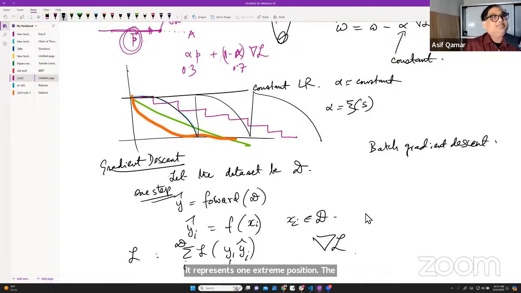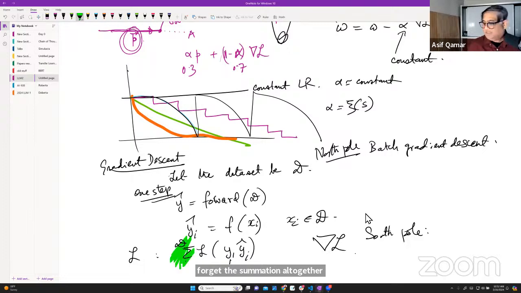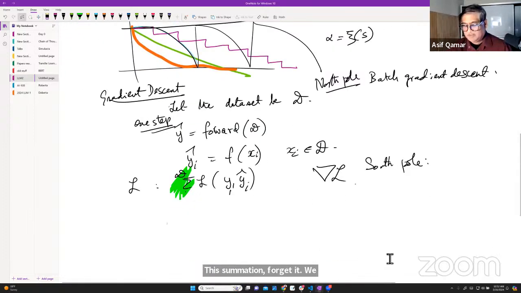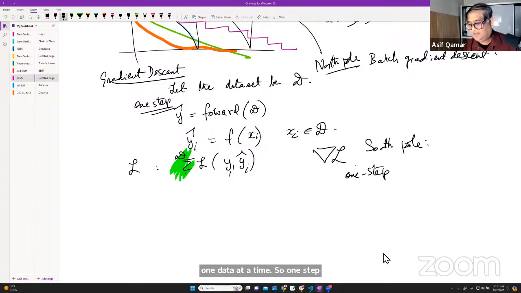The other extreme position is you say, hey, forget about this summation. So this is one extreme position. Let me call it the North Pole. The South Pole of this way of looking at it is, you say, forget this summation altogether. We are going to learn from one data point at a time. So one step is learning from one data point.